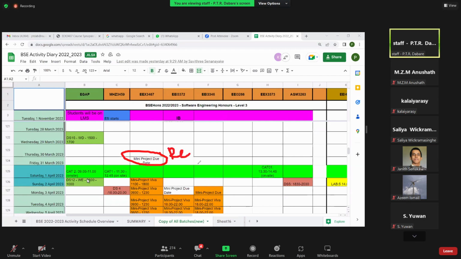Remember, students. So take down these things in your notebook now for 3467. I've asked you to maintain a separate notebook. So in that one, please take down this mini project report due date. Then the Viva will be starting from Sunday, the 2nd April. So you can't submit mini projects later.